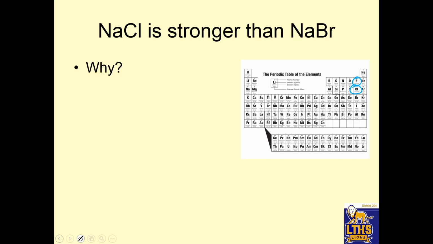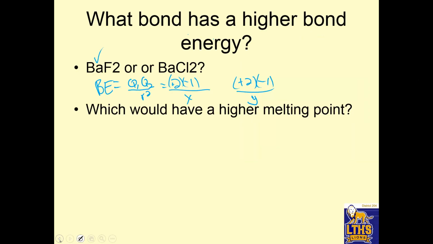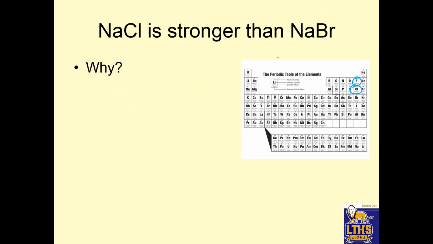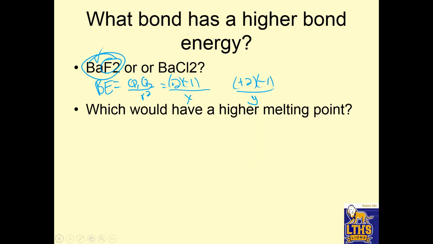See how fluoride is smaller? So if fluoride is smaller, then fluoride would be stronger. Higher bond energy would be BaF2, because same charges and F is smaller than Cl.